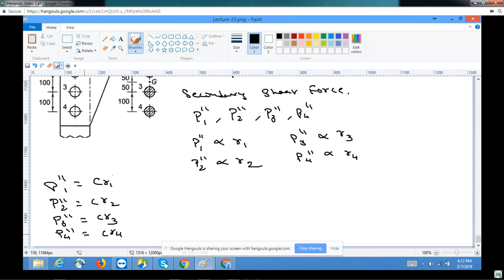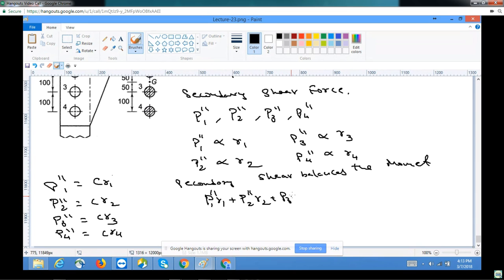This secondary shear balances the moment, hence P1 double dash R1 plus P2 double dash R2 plus P3 double dash R3 plus P4 double dash R4 has to be equal to M, where M is P times E.